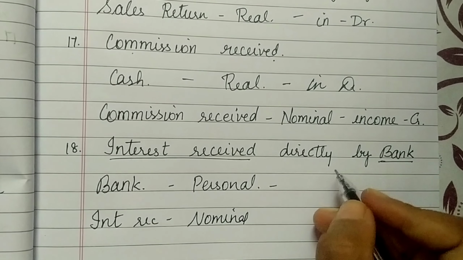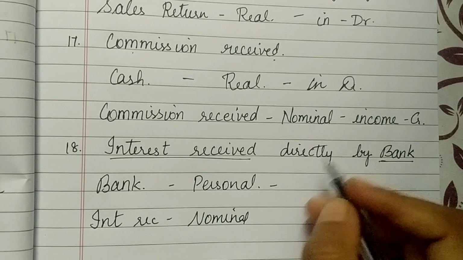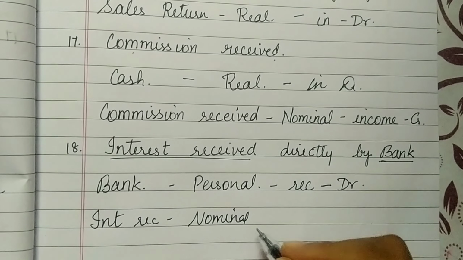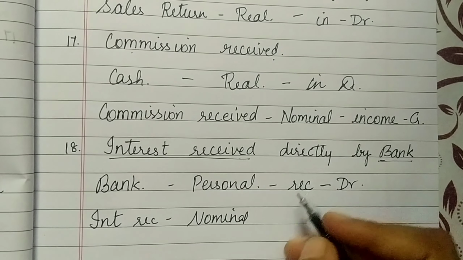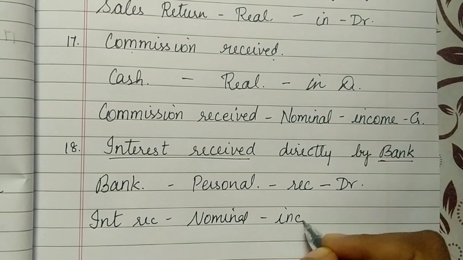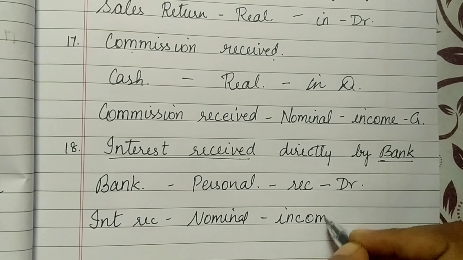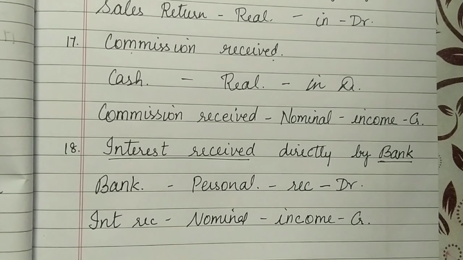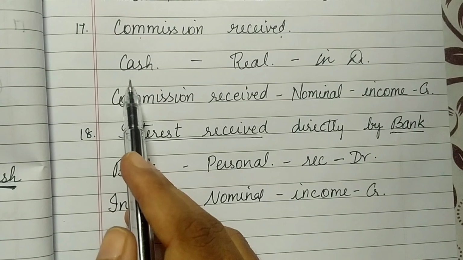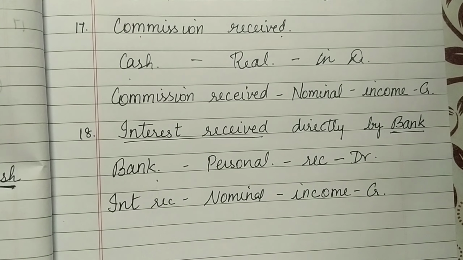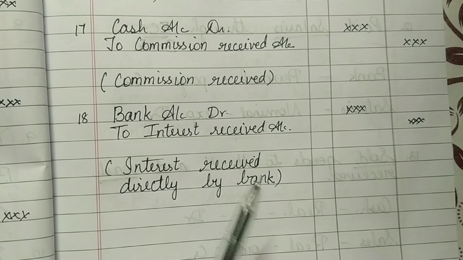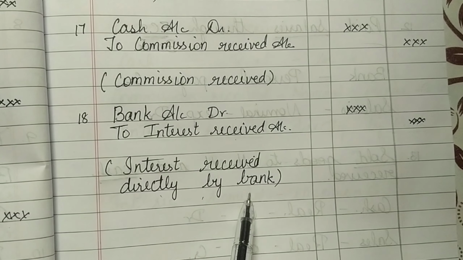Bank is directly receiving the amount, therefore we are going to debit it. Interest received is a nominal account, so debit all expenses, credit all incomes. Interest received is an income, therefore it's going to be credited. So bank is debit and interest received is credit. The big difference between this one and the previous one is that there commission was received through cash, here interest is received through bank. So journal entry is bank account debtor to interest received account, directly by the bank as a narration and the amount to be posted.